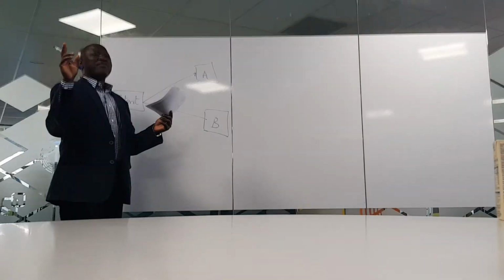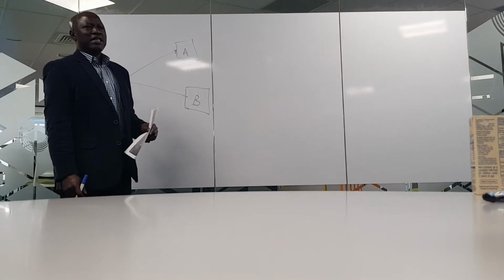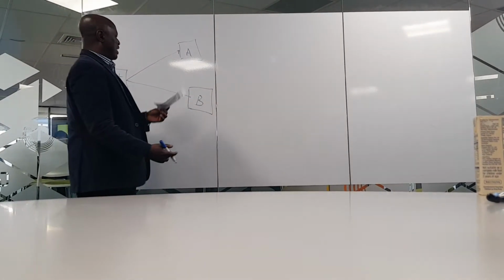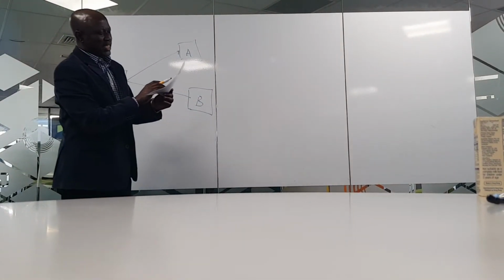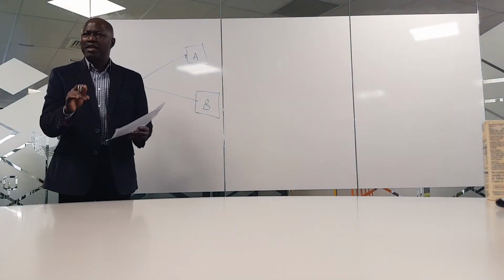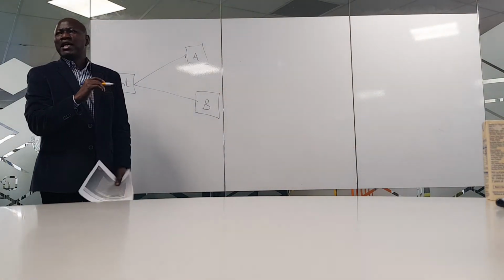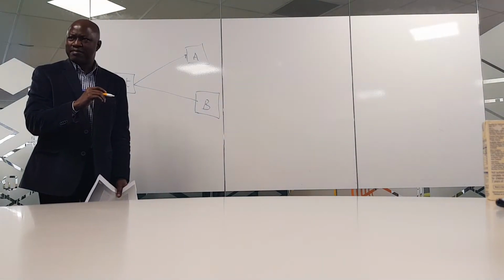Now, we have activity C. This is AB. Possibly we can put our activity C because activity C is preceded by A and B. Meaning that A and B has to be completed before we can do activity C. Right.